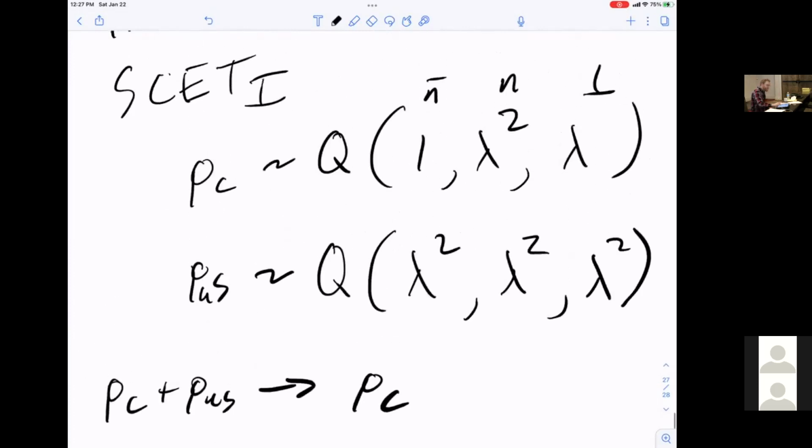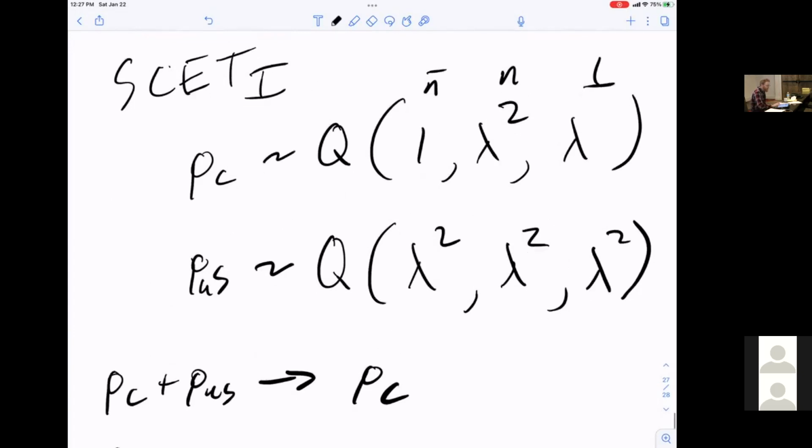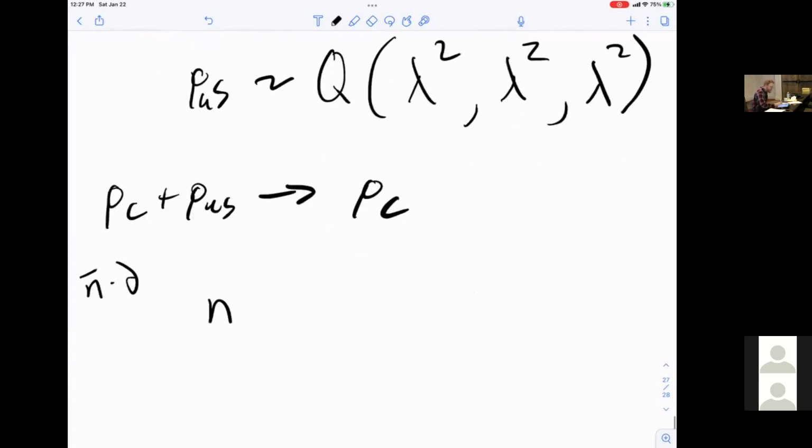Well, in these components, which derivative is going to be troublesome? This is power suppressed, so I expanded it away. This is power suppressed, so I expanded it away. The only derivative that's going to be troublesome on my naive collinear sector is a covariant derivative that has ultra soft fields in it in the n direction. But we know how to deal with that, right? We get rid of the covariant derivative, and then we'll be left with a normal derivative. And normal derivatives are fine to have in our collinear sector.